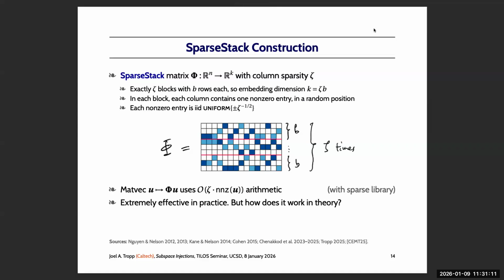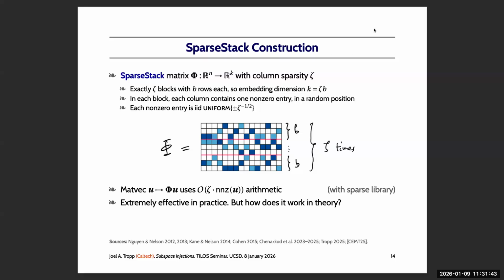I mentioned the sparse stack random matrix, so let me detail the construction here just so it's clear what we're talking about. Again, this is a k by n random matrix that maps n dimensions to k dimensions, and we have the parameter zeta, which describes the column sparsity. Here's how you build this matrix. You take a block of B rows, and in each column, you pick one position and make it plus or minus 1 with equal probabilities.